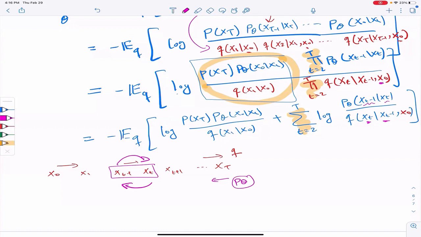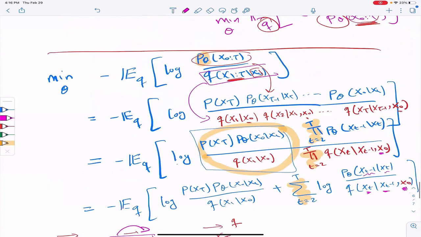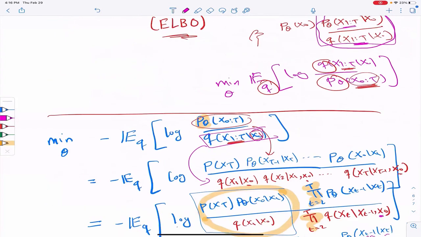But additionally, I have this x0 as my condition for the Q distribution. And where does this come from? This comes from this original conditioning on x0.